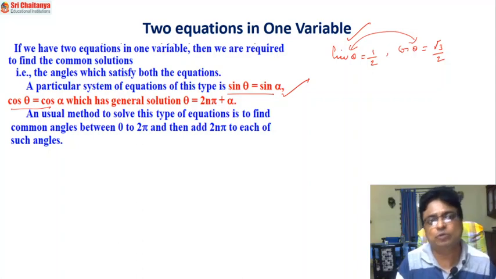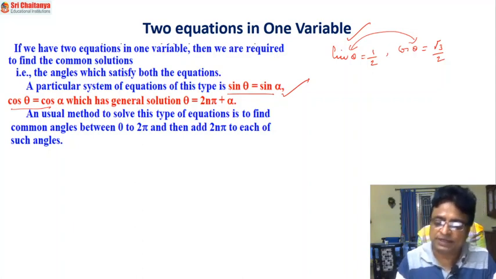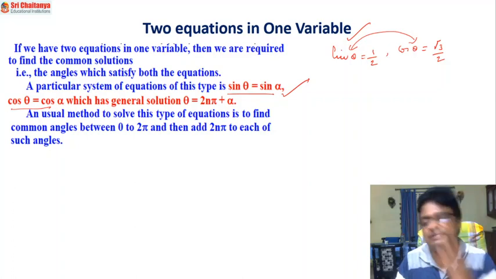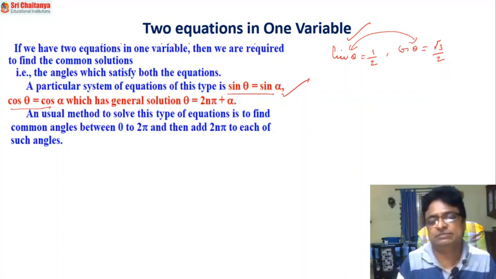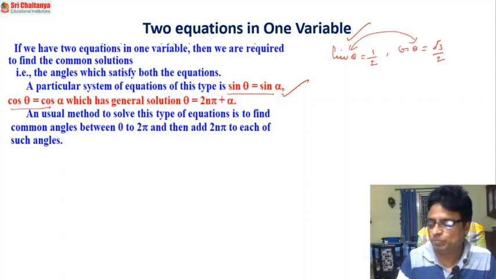If we have two equations in one variable, then we are required to find the common solutions. Common solutions means which angles satisfy both the equations. That means suppose sin theta is equal to half and cos theta is equal to root 3 by 2.